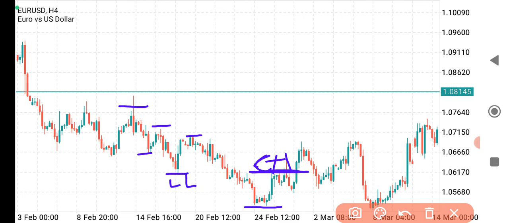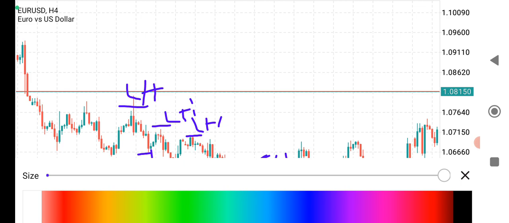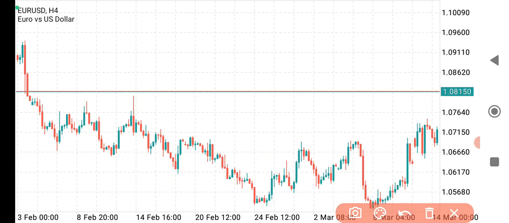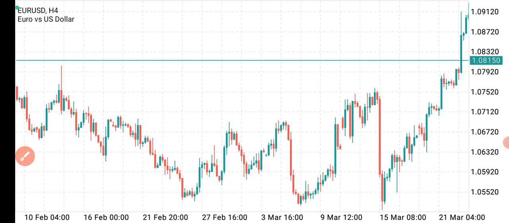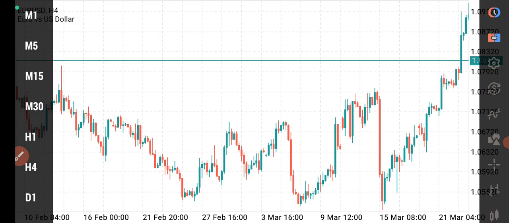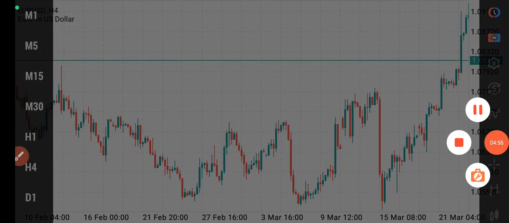We have our lower low, lower high, lower high, lower low. So somewhere around this point we have a change of character, and from that point we see that the market begins to behave in a different manner.